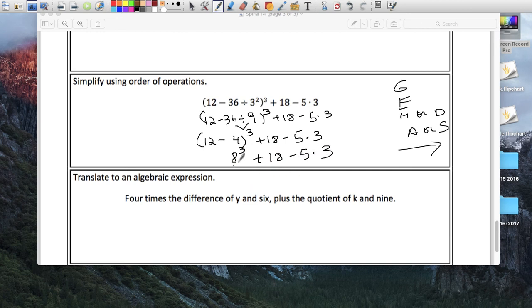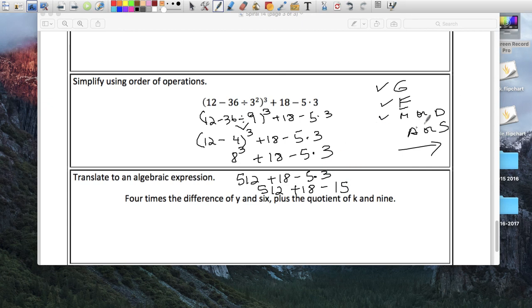What do I do next? Now I can take this, 8 to the 3rd power, which is 8 times 8 times 8, which is 512. Plus 18 minus 5 times 3. These are gone. Now I can do multiplication or division. Leave the 512 plus 18 alone, and then subtract 5 times 3, which is 15.